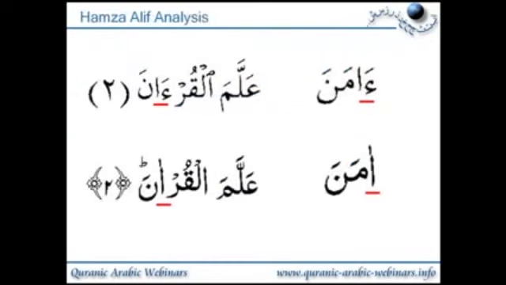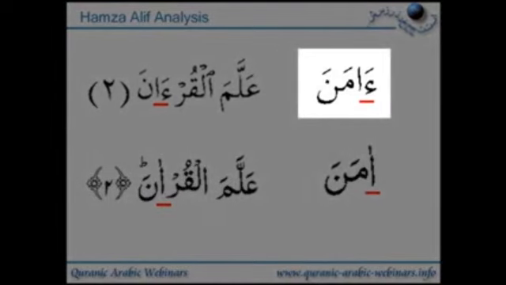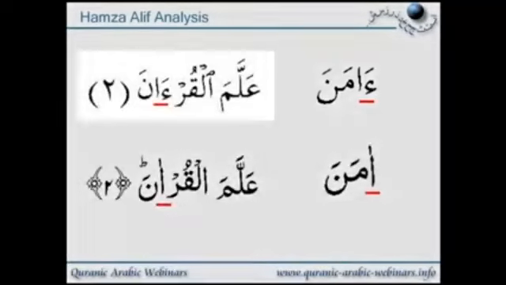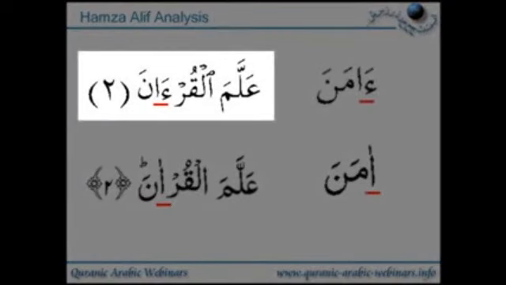So looking at the Holy Quran, these are some examples of hamza, fatha, alif. The first one we've got, and again this is Uthmani, is amana. So it's 2 long, just like a normal long vowel that we've done in the long vowel lessons. The next one is a very familiar word, and you can see it here.